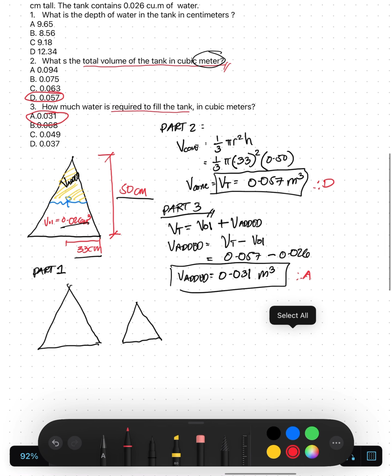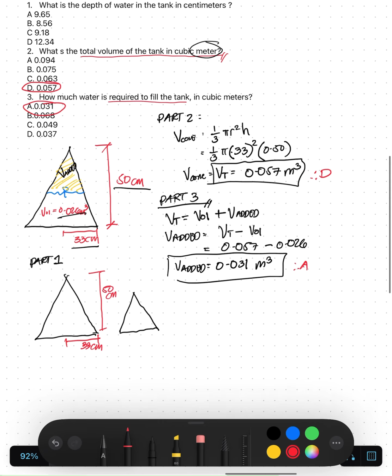This is the original solid with a radius of 33 cm and a height of 50 cm.